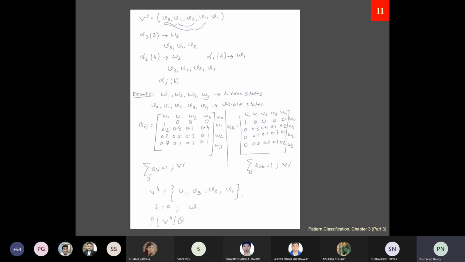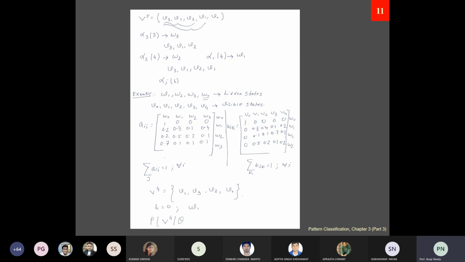So alpha 3 means alpha j. Alpha 3 means the first 3 observation sequences will be generated. So for this hidden state W3, at time instance t is equal to 3, W3 will generate this observation sequence: V3, V1, V2.